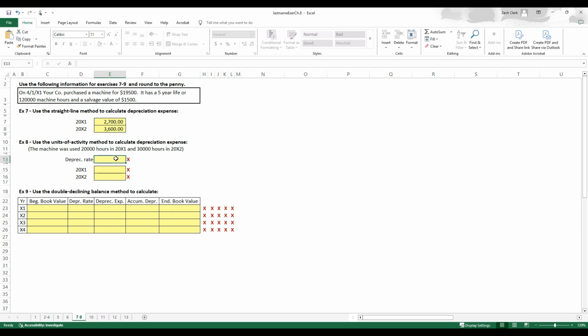Okay, now let's look at our units of activity method. So again, I'm going to just kind of steal this formula, get rid of the time factor though, or the amount of months there, and divide instead by the total number of units of activity, so 120,000, to 15 cents.